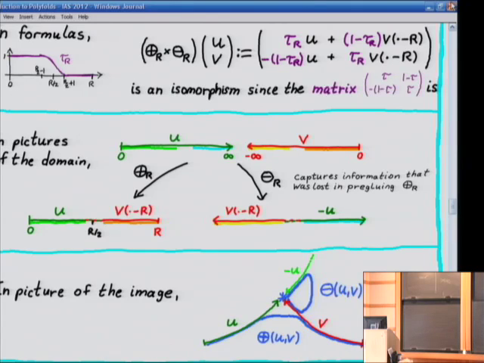If I wrote 1 minus tau and tau again, I think that would not necessarily be invertible. But I just plug in a minus sign. That's the weird thing that happens here: this tail gets remembered as minus U. But why not? Really, this matrix is invertible, and so that gives me an isomorphism.